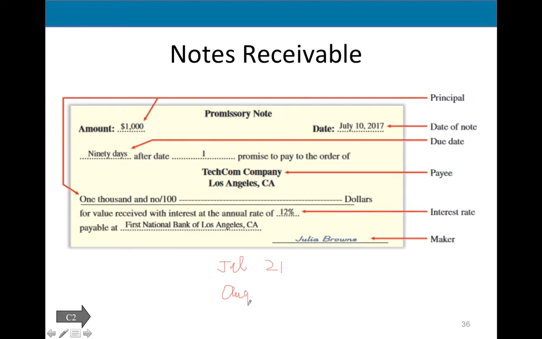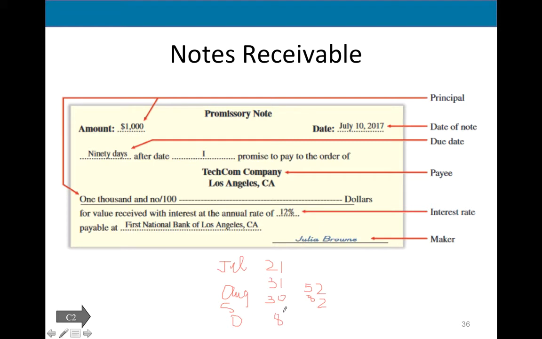So 21 plus 31 gives me 52. I need 90 days, right? Then we have September, that's 30 days, 82. All right, 82. So I know my note will mature in October. And guys, it will mature on October 8th.